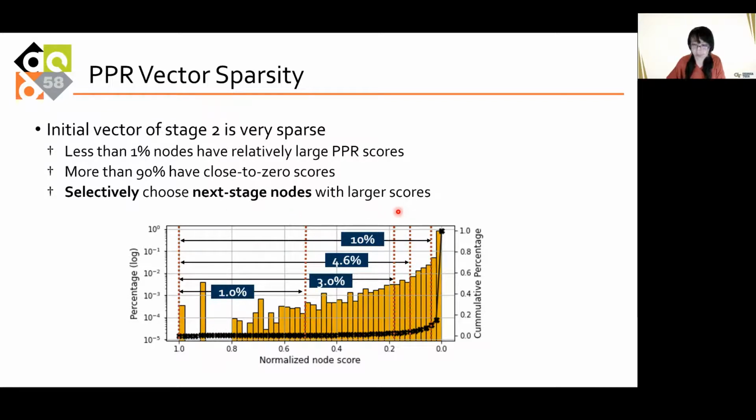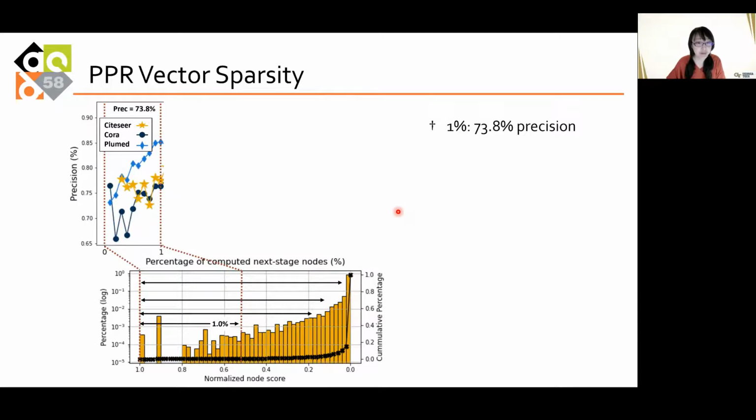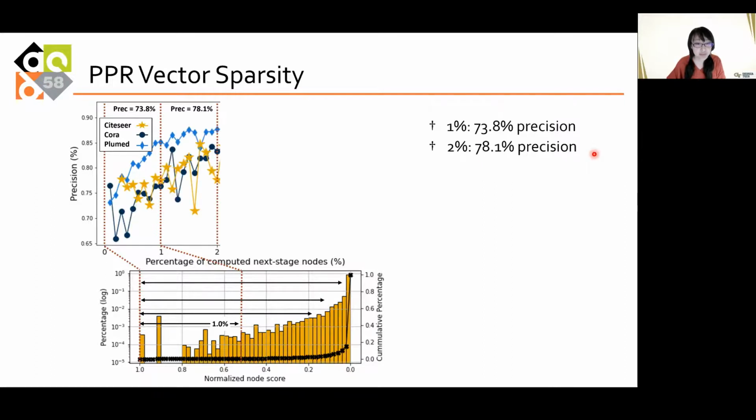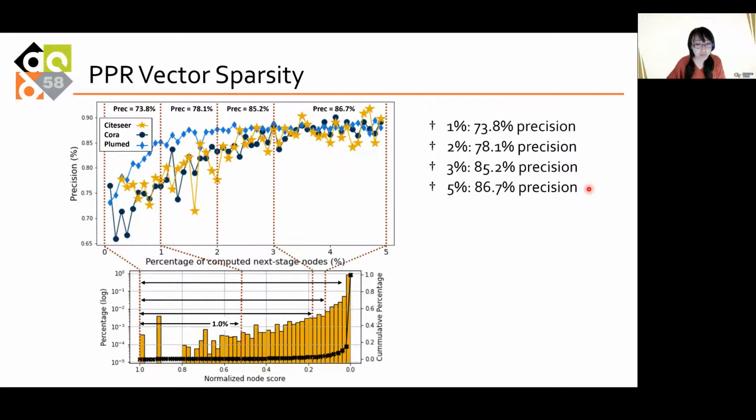Let's see whether this sparsity is indeed beneficial. I'm showing some examples using 3 real-world examples to demonstrate. First, we compute only 1% of the next stage nodes, and we already reach a precision higher than 70%. And then we compute 2%, 3%, and 5%.